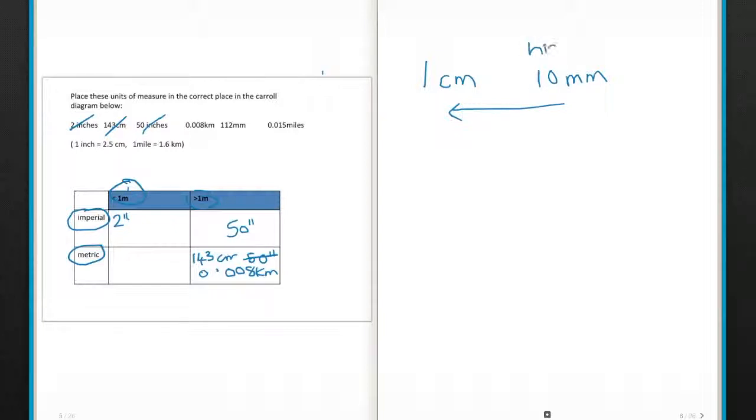Well, 10 is high, 1 is low. So I'm going from high to low, which means I divide. So 112 divided by 10. Left is lower, gives me 11.2 centimetres, and that is less than a metre, and it's metric. So there's my 112 millimetres.